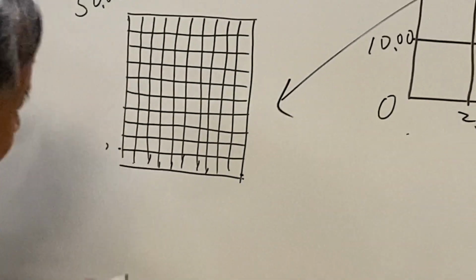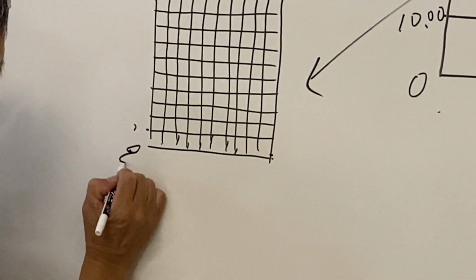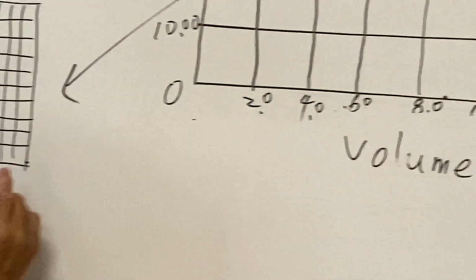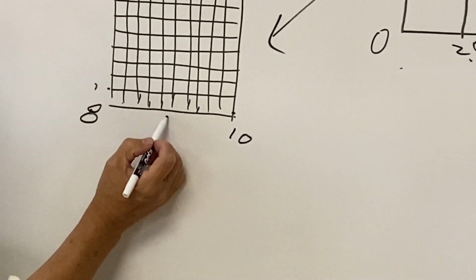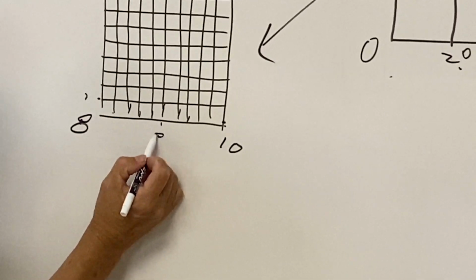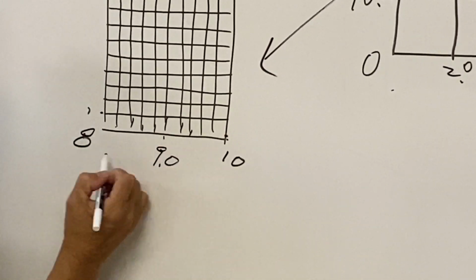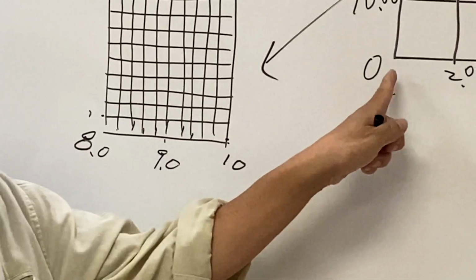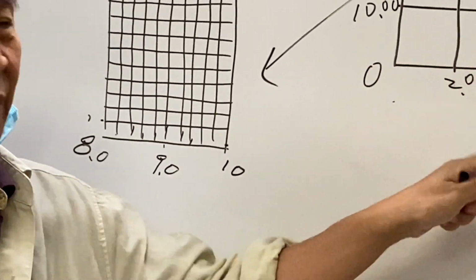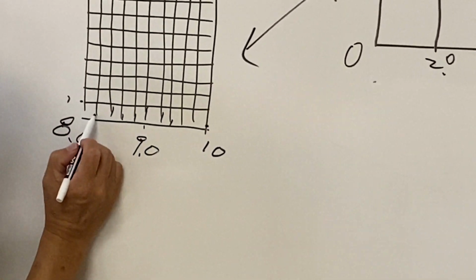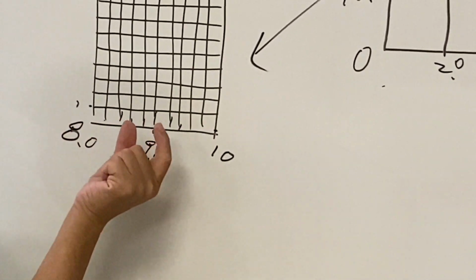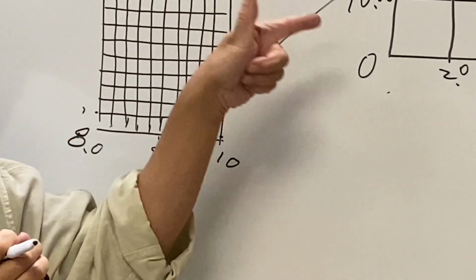If this is a 9, if this is an 8 right here, if this is a 10, your 9 should be right here, right? How so? Well, because from 0 to 2, your increment is 2. So each individual block should be 0.2.